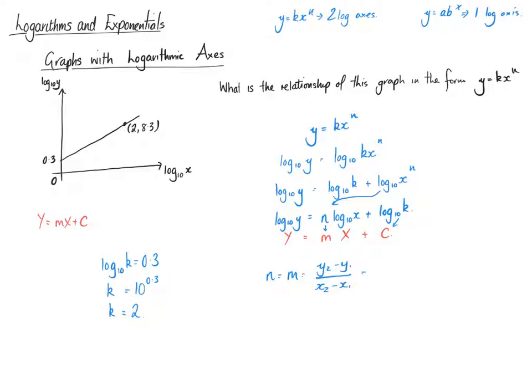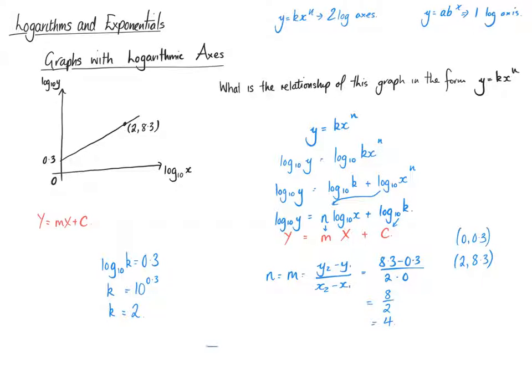So we've got the point 0, 0.3, and our other point is 2, 8.3. So we have 8.3 take away 0.3 over 2 take away 0. So we're going to have 8 over 2, which is 4.